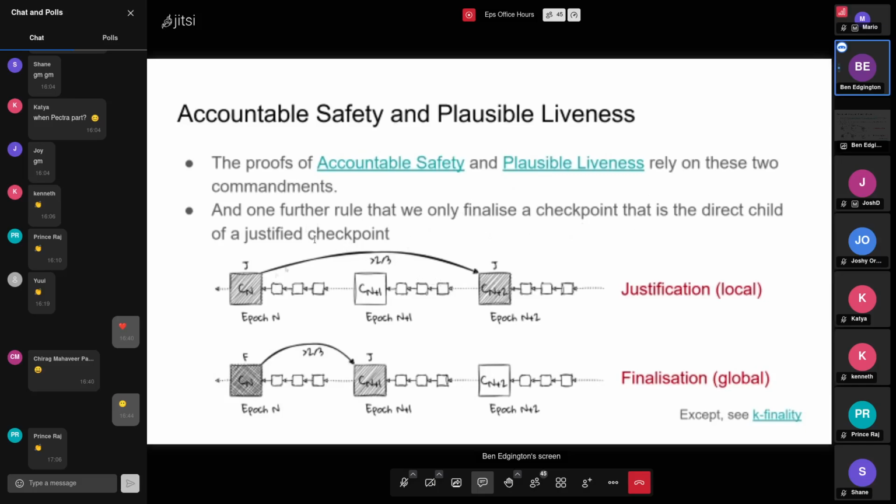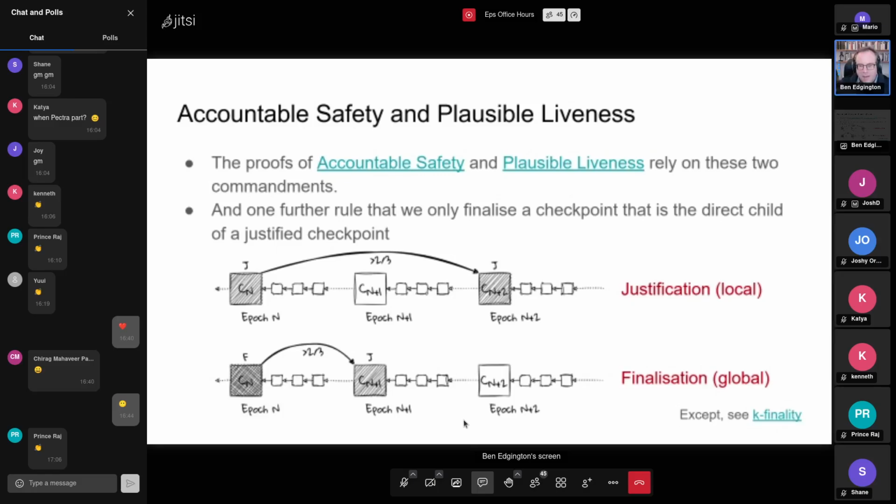We only finalize a checkpoint that is a direct child of a justified checkpoint. So in the top diagram, the epoch n checkpoint is justified, and the epoch n plus 2 checkpoint is justified because we have a supermajority link from n to n plus 2, but we don't finalize the epoch n plus 2 checkpoint in this circumstance. And if you work through the proof of accountable safety, you'll be able to see why. It just becomes glaringly obvious.